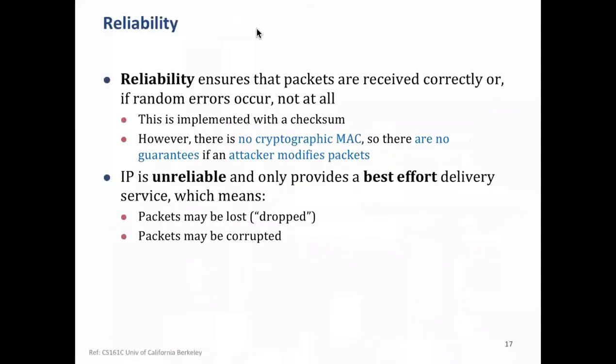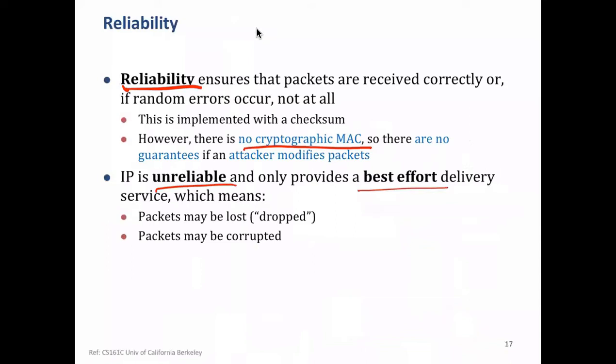There is very little that we do to provide reliability. And there's no cryptographic MAC, message authentication code, or hashes we use, right? So IP delivery is extremely unreliable, best effort delivery. And this is designed in this way, right?